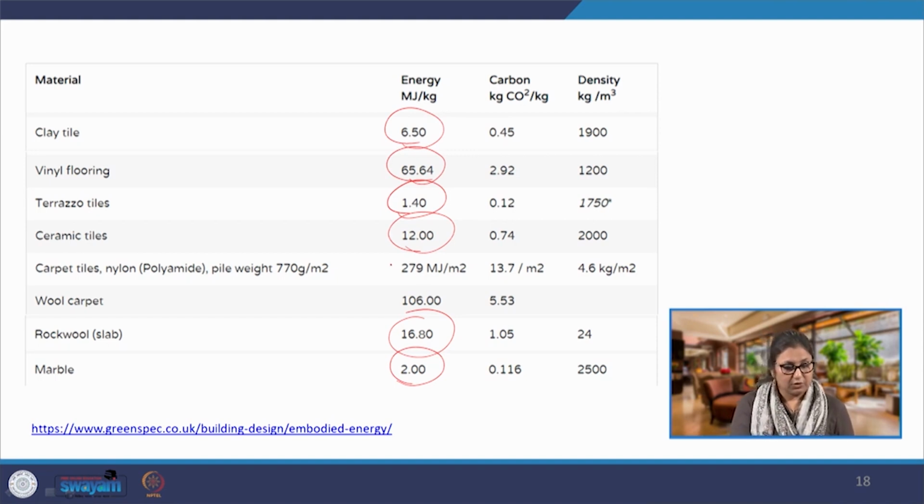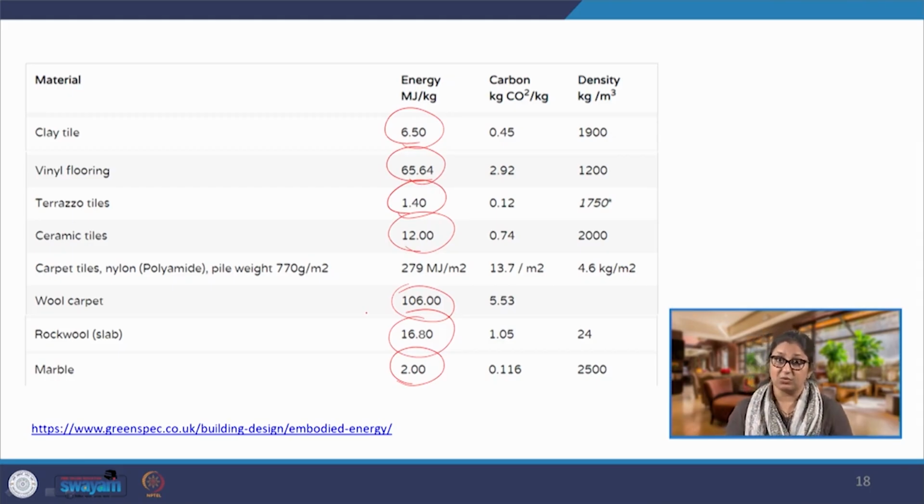Then we are following it with wool carpet. Now, you may think that a natural wool carpet is a natural material, but there is the processing of wool: washing, cleaning, making it durable.